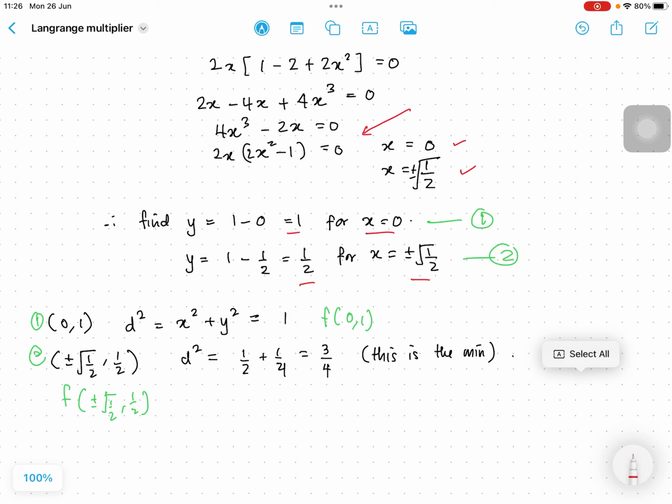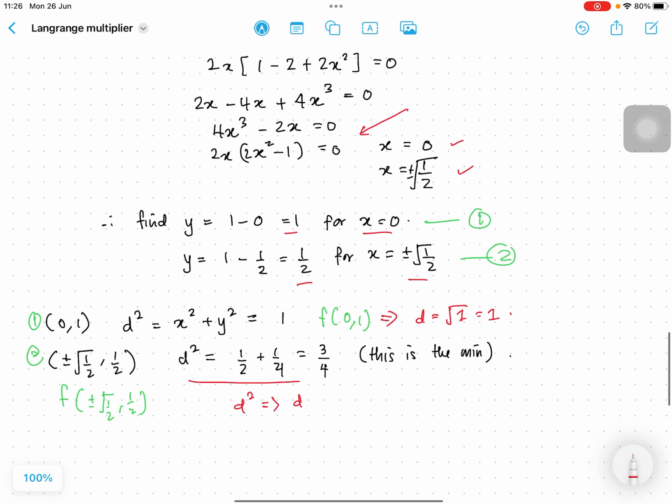If you do that, then d is the square root of 1, which gives you 1. And for this one, d squared is 3 over 4, so d is the square root of 3 over 2. So which one is smaller? Definitely this one.